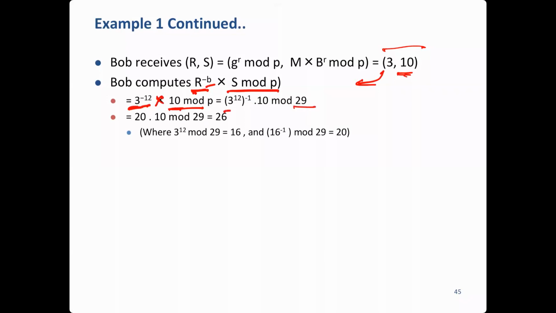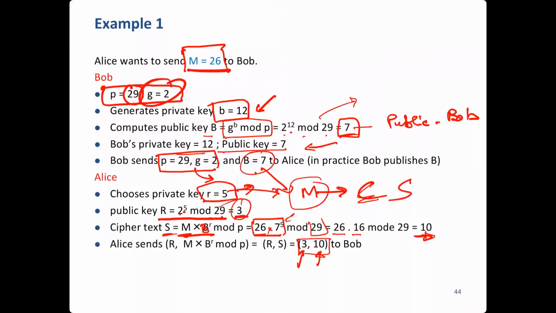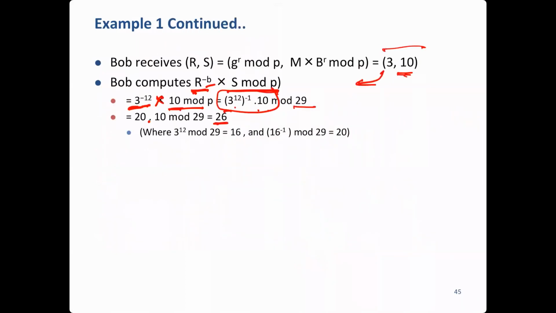So it calculates 3 raised to the power 12, raised to the power minus 1, times 10 mod 29. There is a little complex operation here because there is an inverse function. This turns out to be 20 times 10 mod 29, which is equal to 26. So the message that Alice has sent, Bob is able to recover that message back.